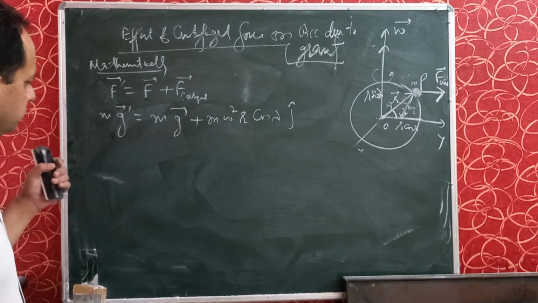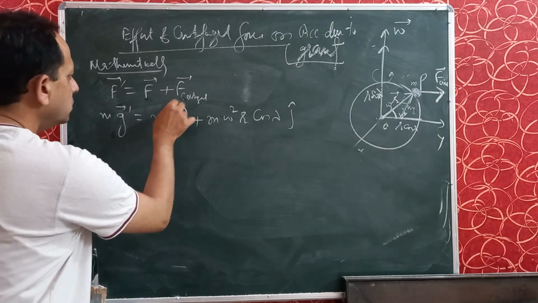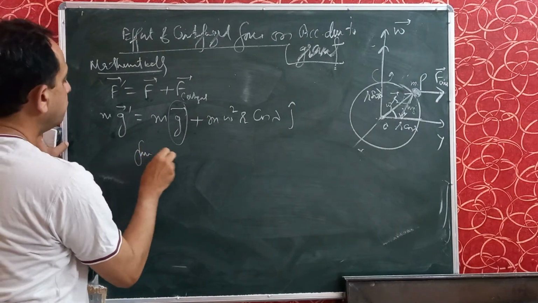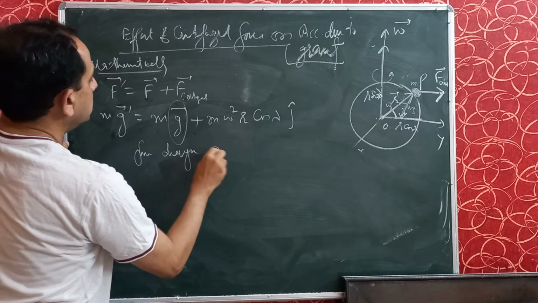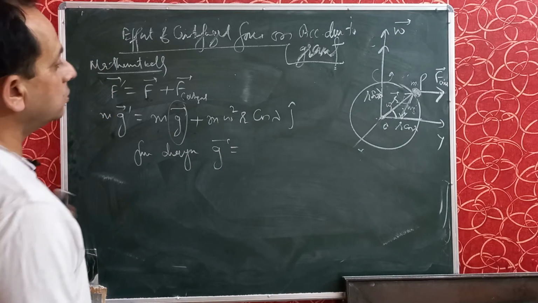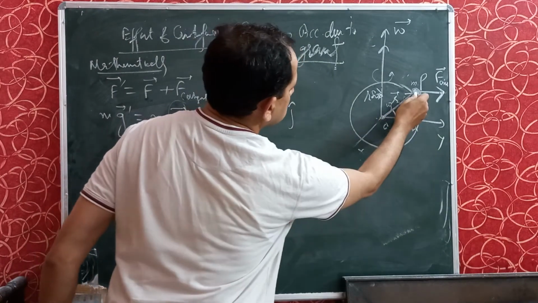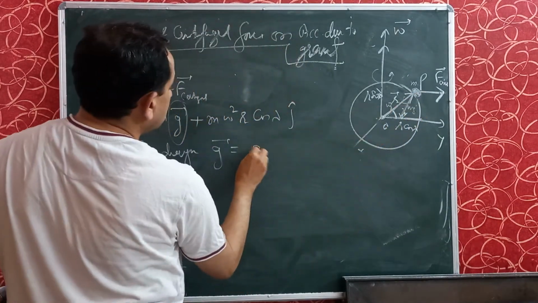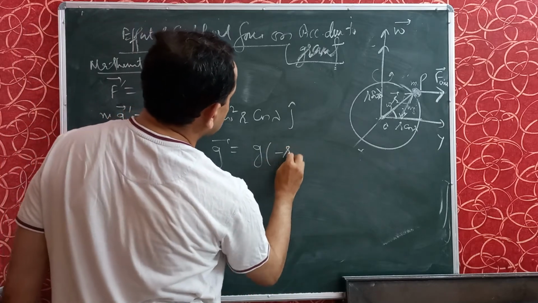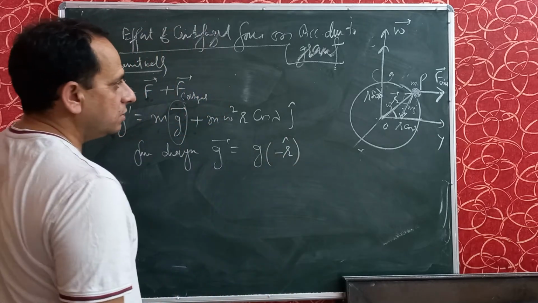So what is the value of this g vector in component form? From the diagram, the magnitude of this g vector is g, and the direction is minus r cap. Is it clear?